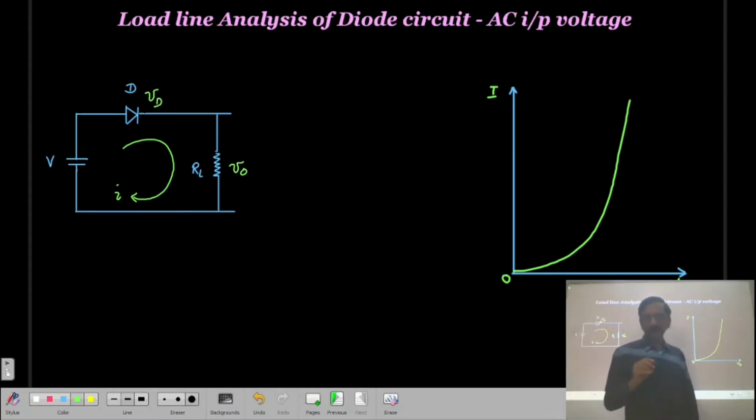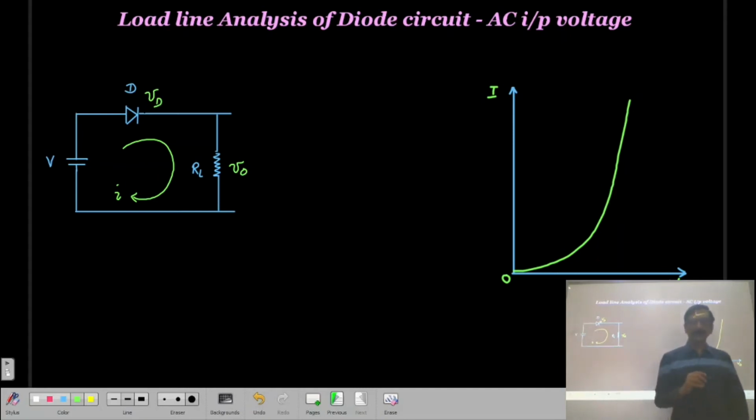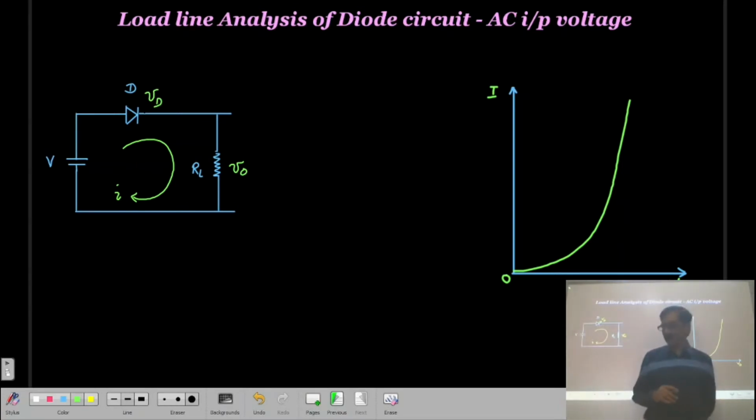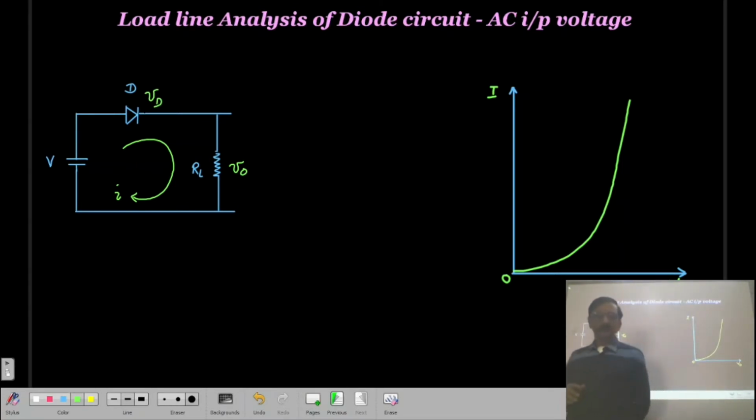For the analysis of this circuit, we have to consider a characteristic curve that is known as a static characteristic curve, that is, I versus the diode voltage VD. On the static characteristic curve, you have to draw a load line, and this load line will give you the information about the current, diode voltage VD, and the voltage across the load VO.